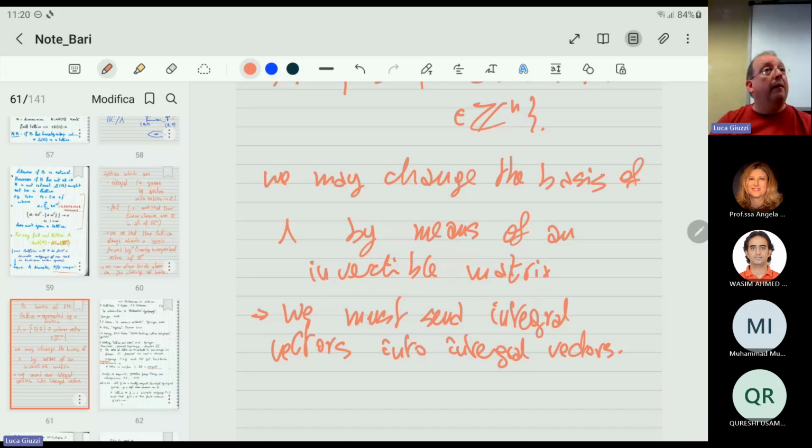This is what we require, because if a lattice is spanned by integral vectors over the reals, then all of its points will have coordinates which are integers. And if we change the basis, the lattice is the same, so the structure is still the same, and we will have something spanned once more by integers.